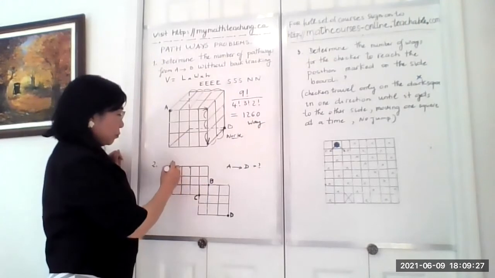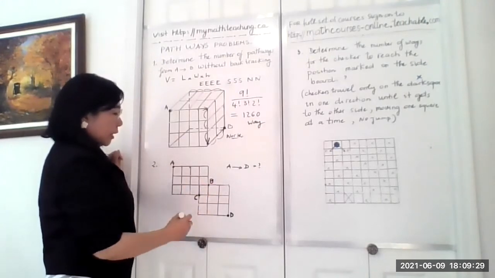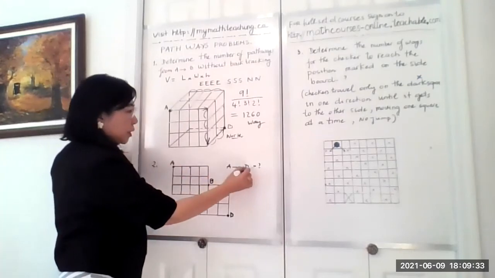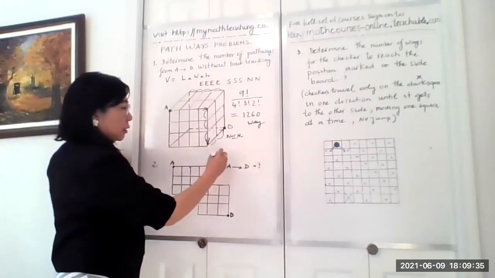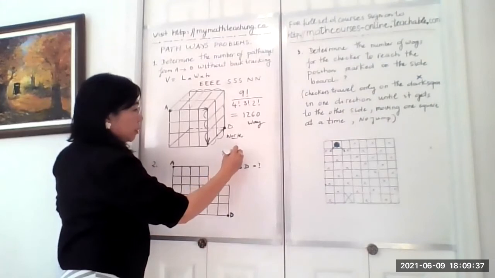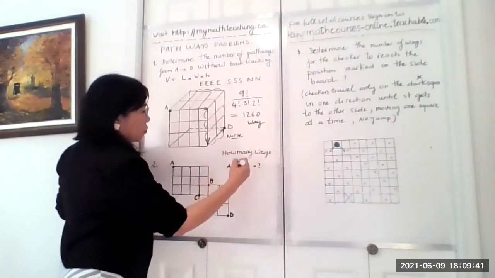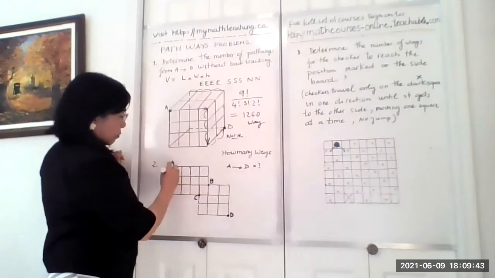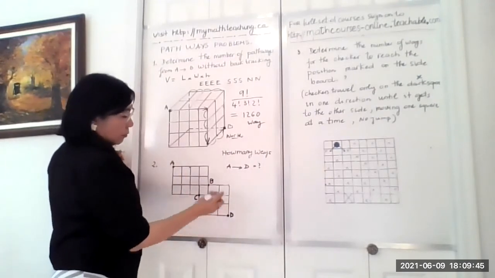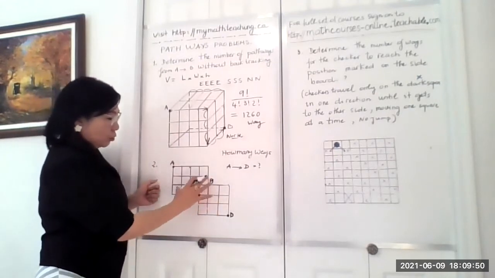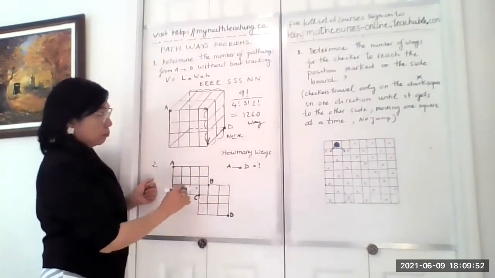Let me tell you, if you have a diagram like this, you want to travel from A to D and see how many ways. The question is still, how many ways to travel from A to D? So from this point to this point. Now, you can split this into a different shape.